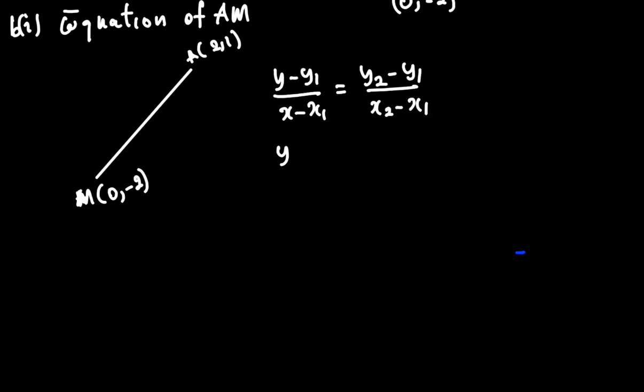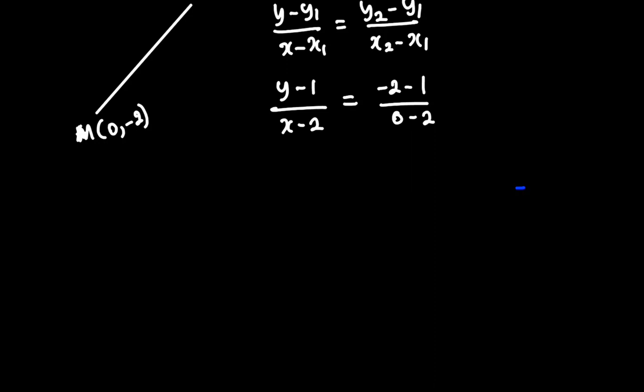Now, of course, I've told you my coordinate of A could be (x1, y1) or (x2, y2), as the case may be. So you are free to choose what you want. So this is going to be (y - 1)/(x - 2) = (-2 - 1)/(0 - 2).